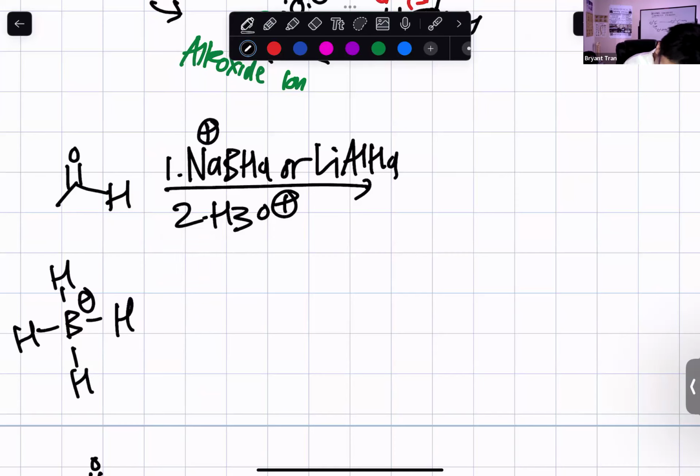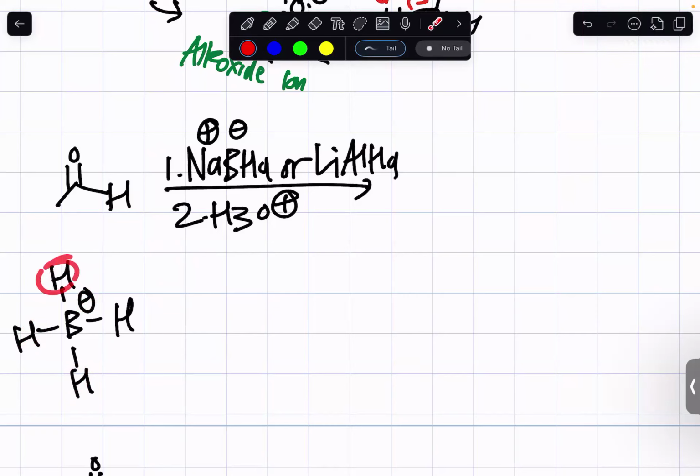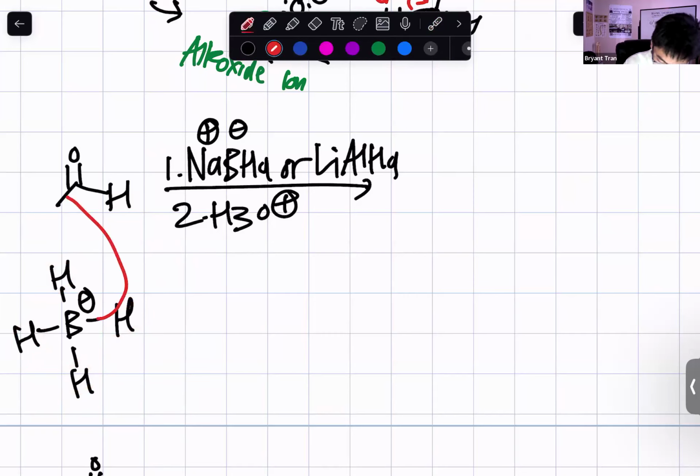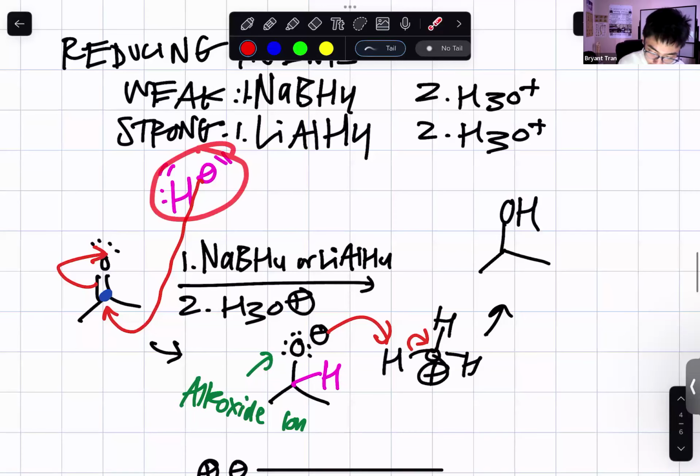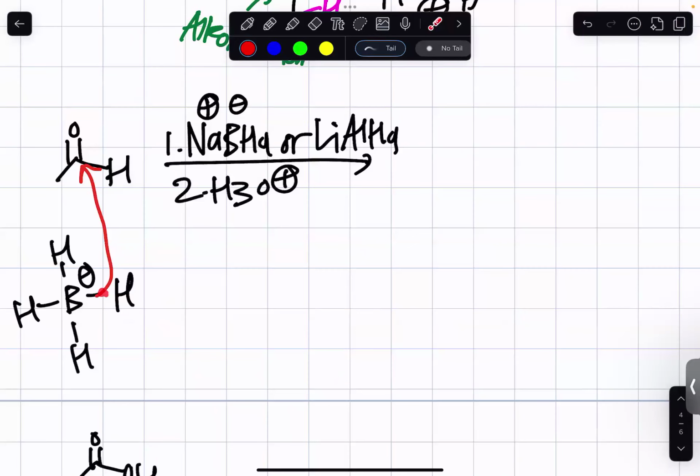Sodium is positively charged, which means the boron is negatively charged, because this boron is negatively charged with 4 bonds, one of those weird atoms in the third column. All of these hydrogens are very angry, and they will act as a nucleophile, as a hydride ion, which would attack that carbonyl carbon there. So that's the more accurate representation of the mechanism. I just wanted to simplify it at first, but this is what it would actually look like.